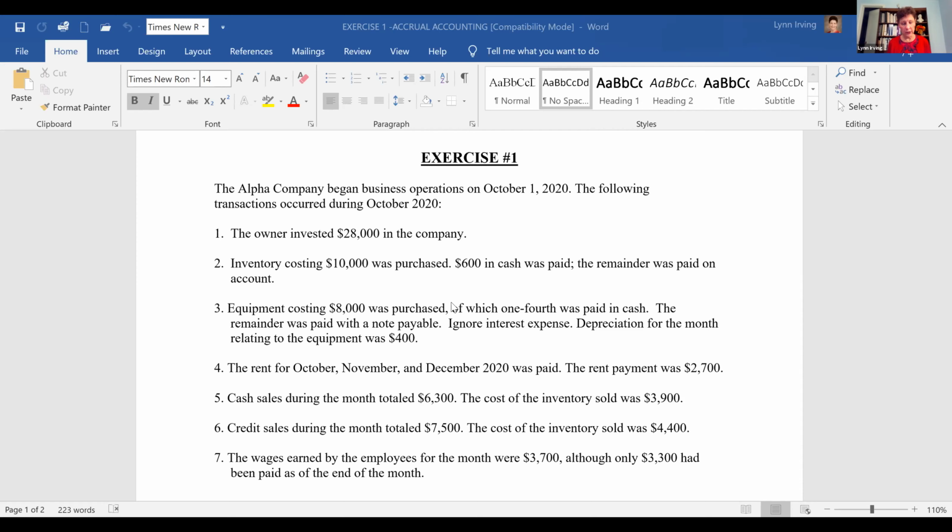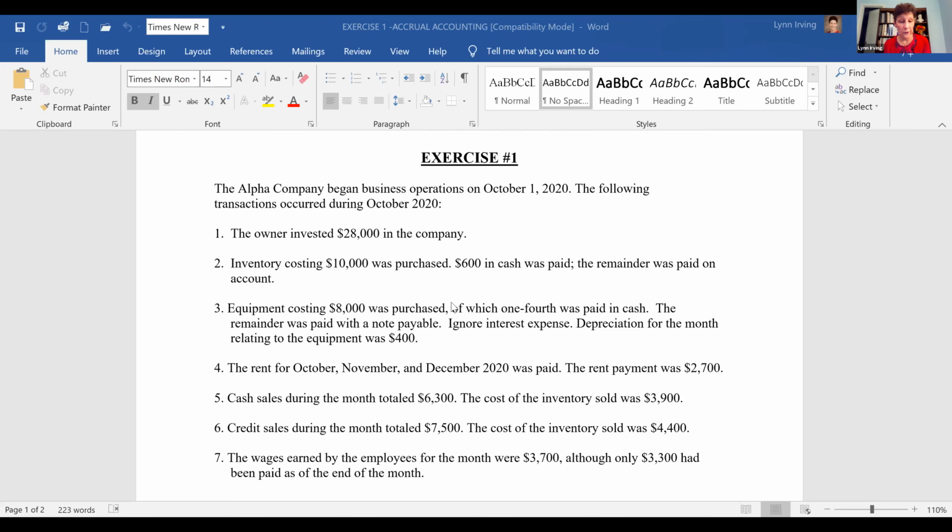And then finally, the last piece of this accrual accounting is that my employees earned, or I owe them, $3,700 for their work for this month, but I've only paid them $3,300 at the end of the month. The other $400 will be paid next week, in November.